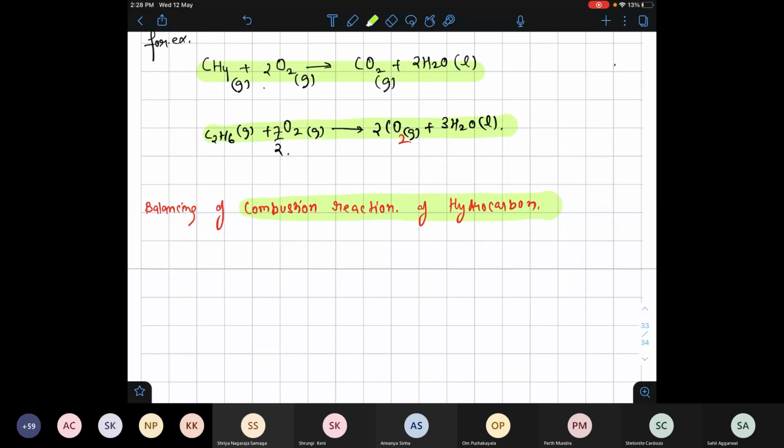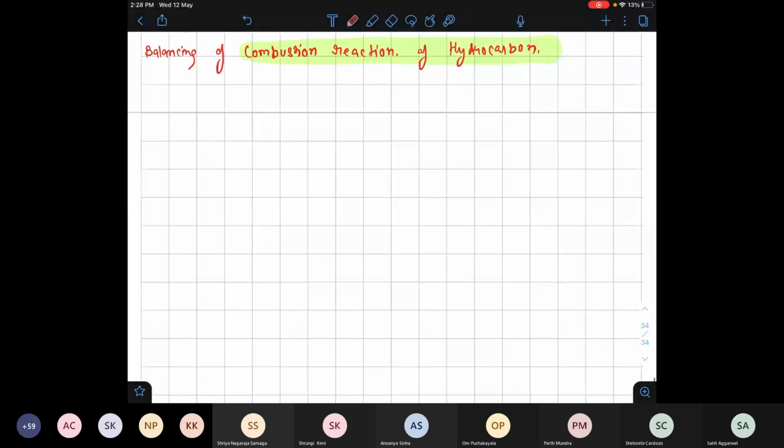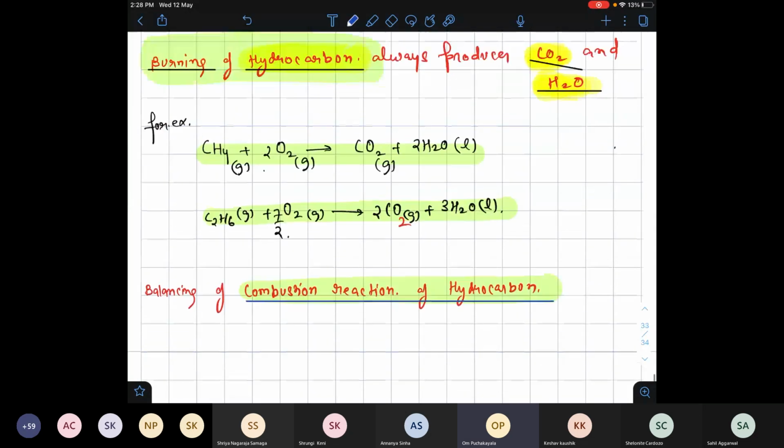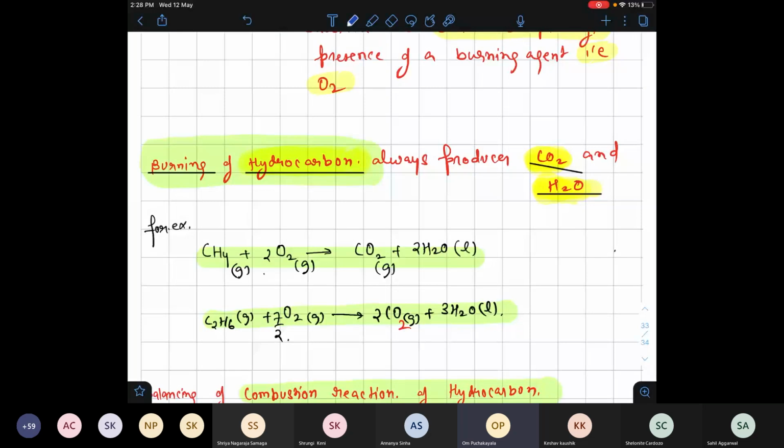Balancing of combustion reaction of hydrocarbon. So could you scroll on top for a minute? Yes, sir, done.